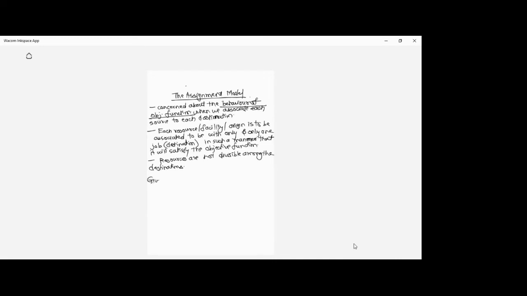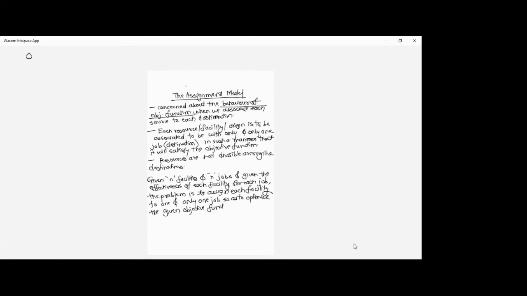So we can say that, given n facilities and n jobs, and given the effectiveness of each facility for each job, the problem is to assign each facility to one and only one job, so as to optimize the given objective function, or even the given objective.